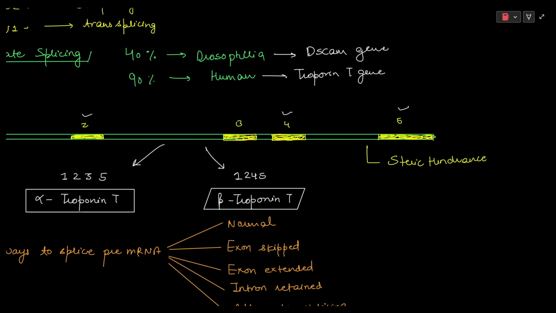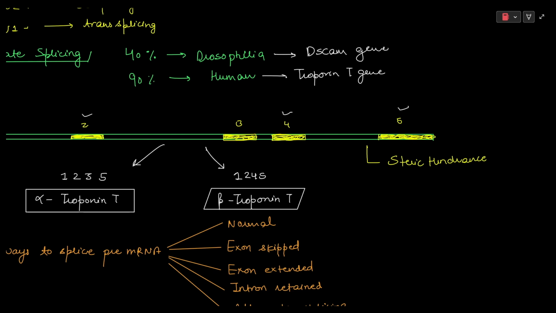So what happens is that sometimes either exon 3 will be picked or exon 4 will be picked. This scenario is what happens due to the steric hindrance when the two exons are present almost together.